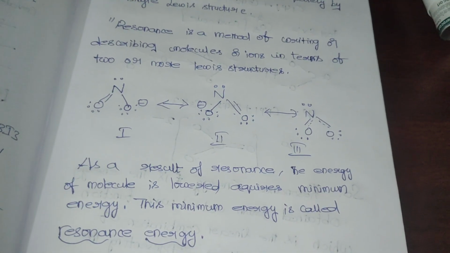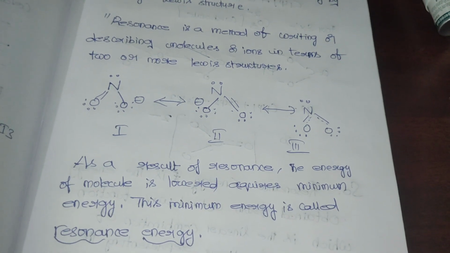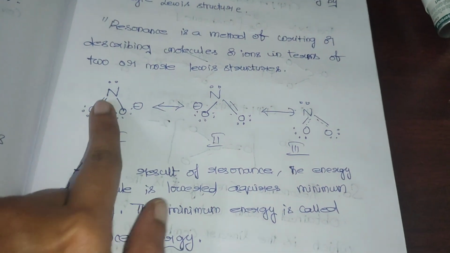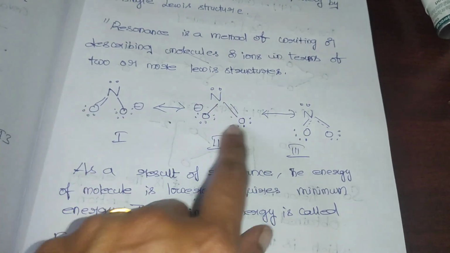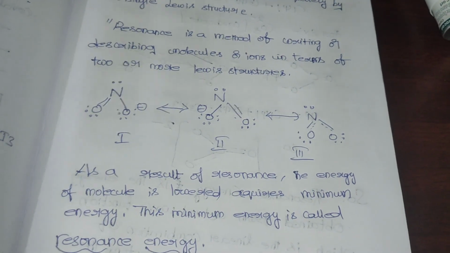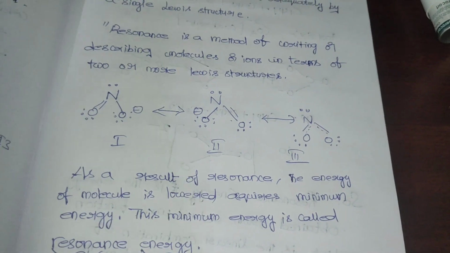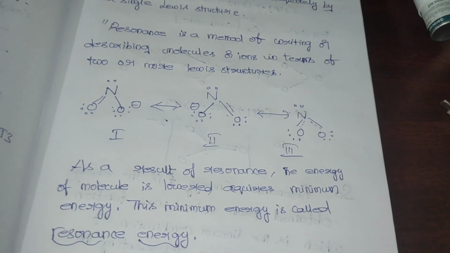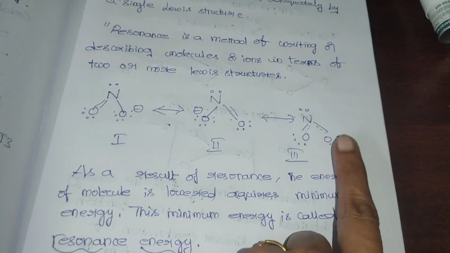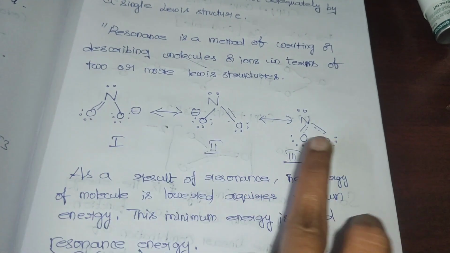Why is it acquiring less energy? You have to just think why. Because we can see the double bond rotating in the molecule, and when it is rotating, it will consume some energy. Because of this, the energy becomes less. So the resonance structure has less energy than the individual forms.